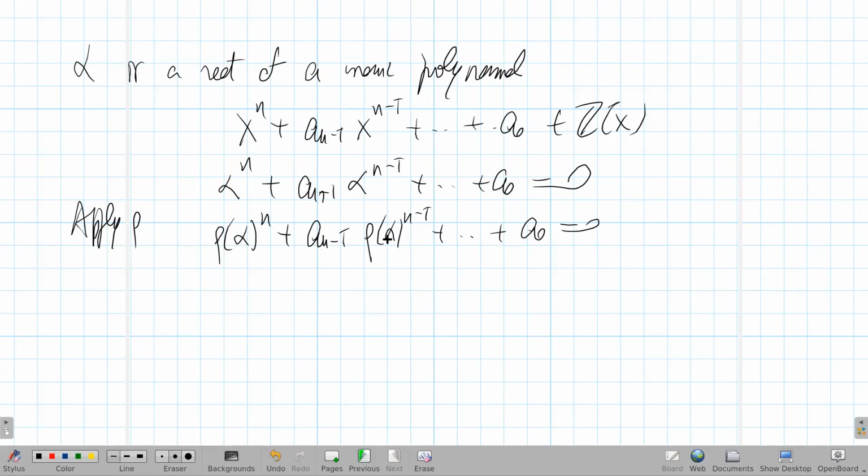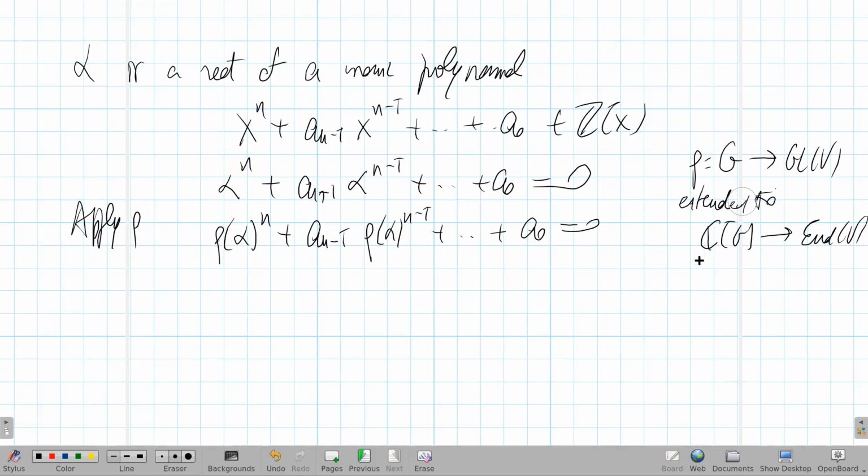So we had rho going from G to GLV, and then we extended it to a map from CG to NV, where you send a linear combination of elements of G to the same linear combination applying rho to G. That's the universal property of the group algebra.